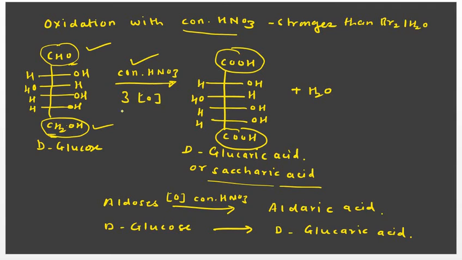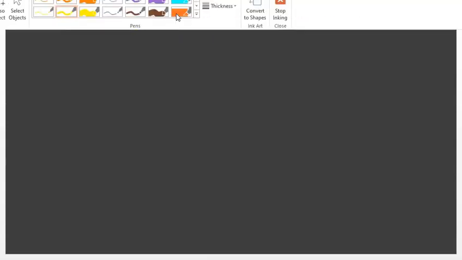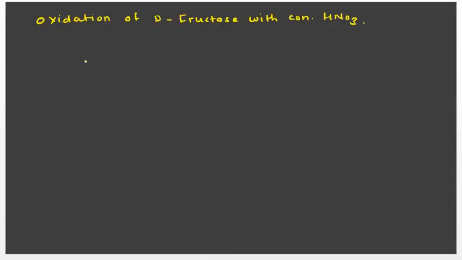Now we will see what happens when we react D-fructose in the presence of concentrated nitric acid. Everyone knows the structure of D-fructose is like this: CH2OH, C double bond O, and then CH2OH.